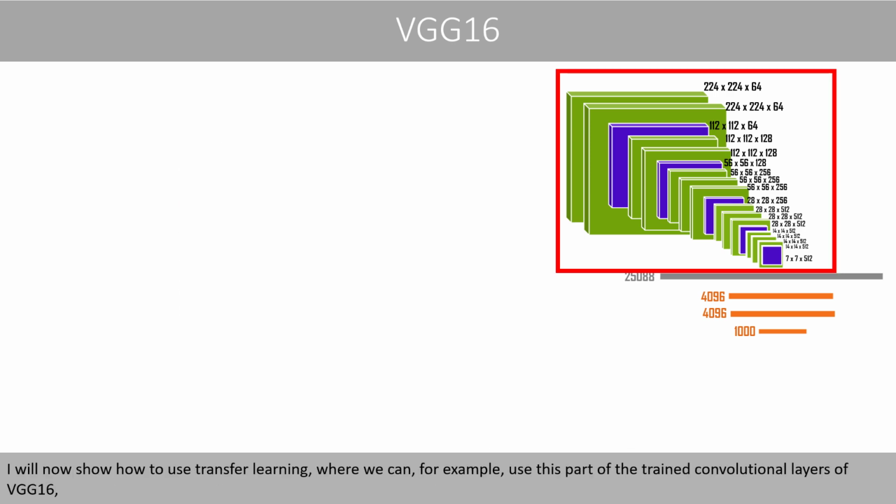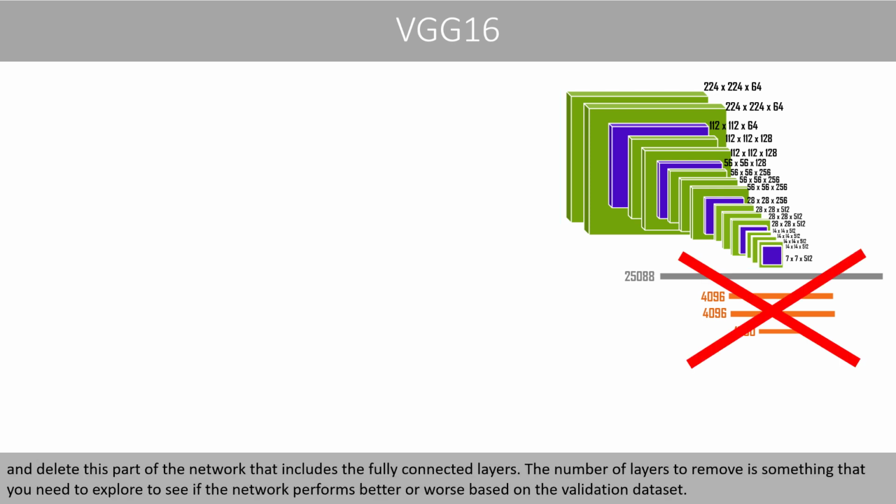I will now show how to use transfer learning, where we can, for example, use this part of the trained convolutional layers of VGG16 and delete this part of the network that includes the fully connected layers. The number of layers to remove is something that you need to explore to see if the network performs better or worse based on the validation dataset.